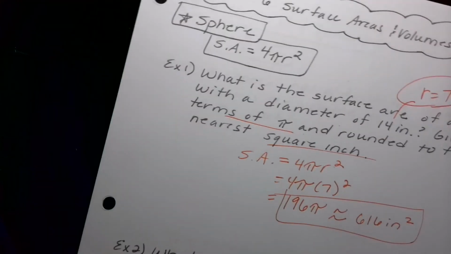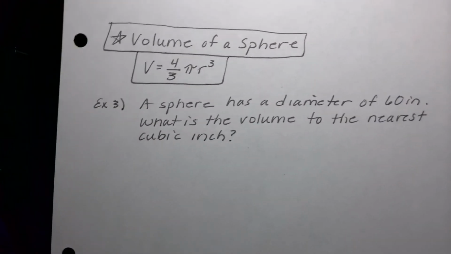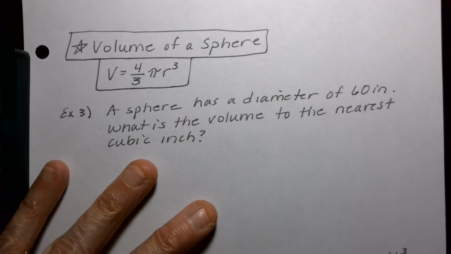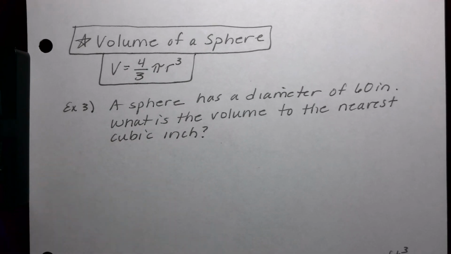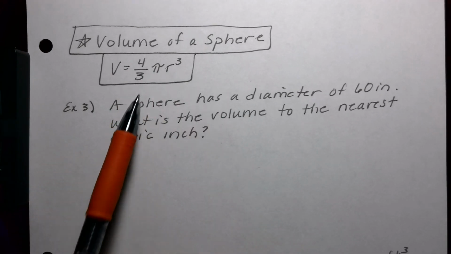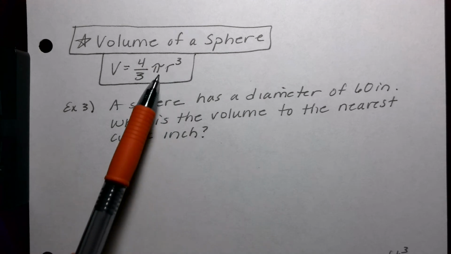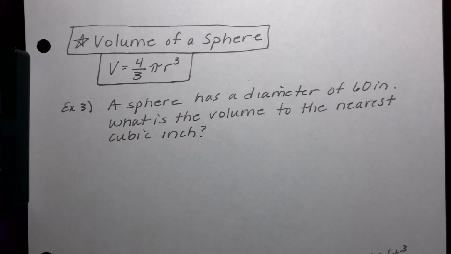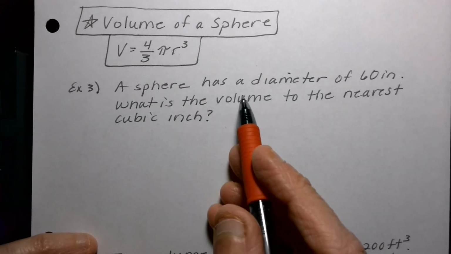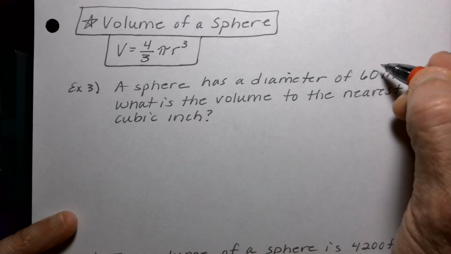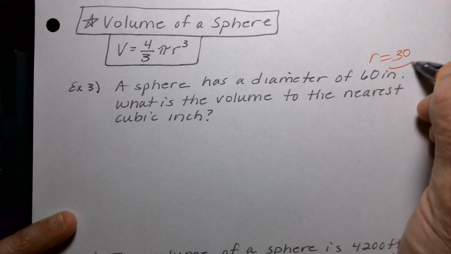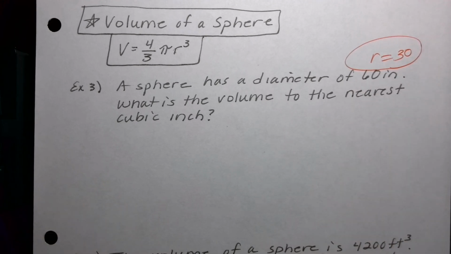All right, let's move on to volume. Volume, here we go. Again, love these formulas. And yes, it has a fraction, so it makes it sometimes a little more difficult, but all you need is a radius. So if you've got the radius, you've got the volume of a sphere. A sphere has a diameter of 60 inches, so right away I go up there and I write the radius is 30, so I don't make a mistake and put 60 in.